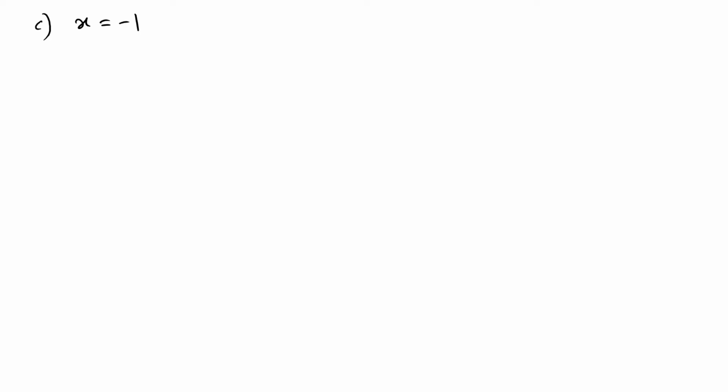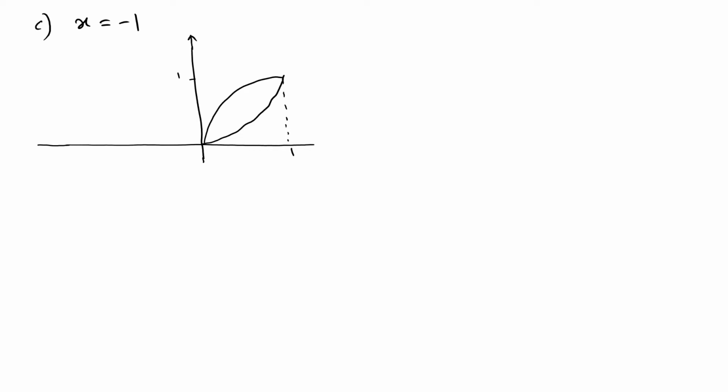So we get the same graphs, and they meet at 1, with negative 1 and 1 as before, the y-axis and the x-axis. This is not to scale. Now we rotate about the x equals negative 1 axis. That's the axis of rotation.